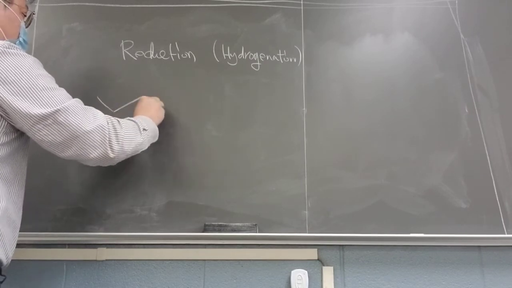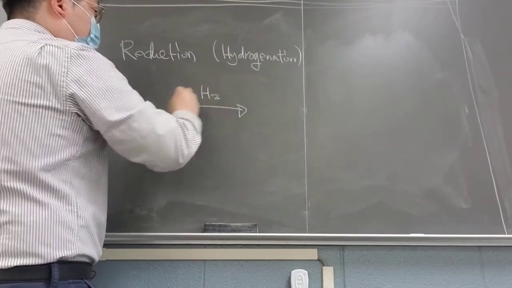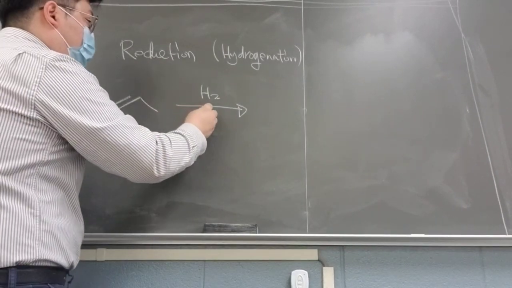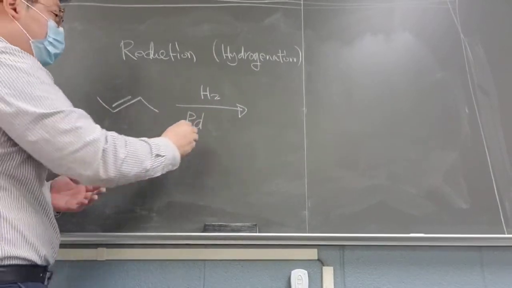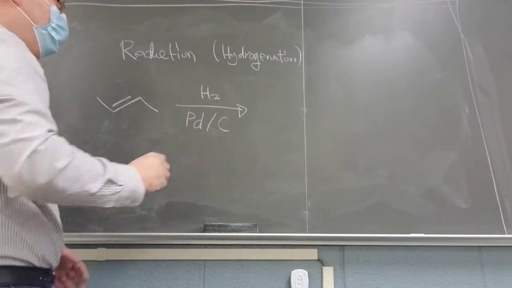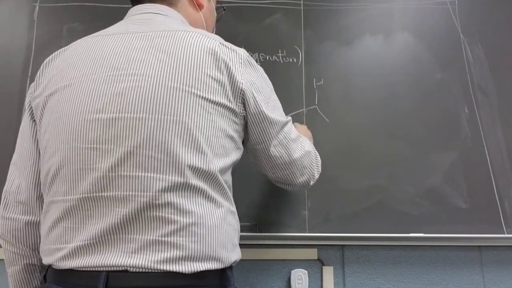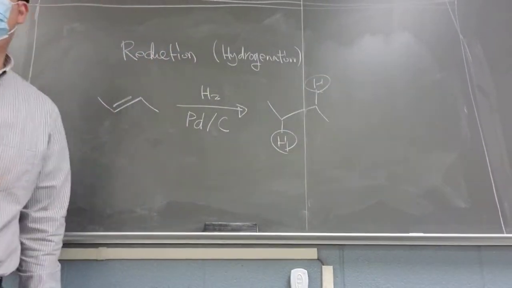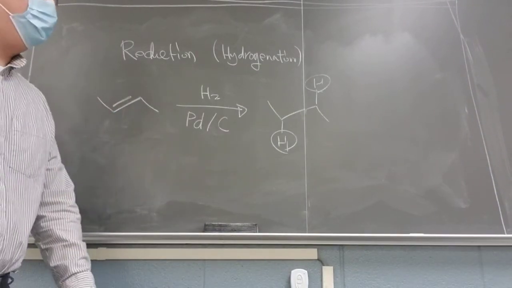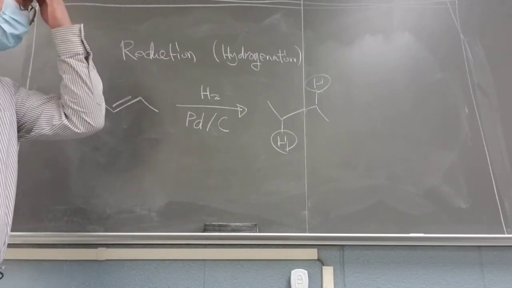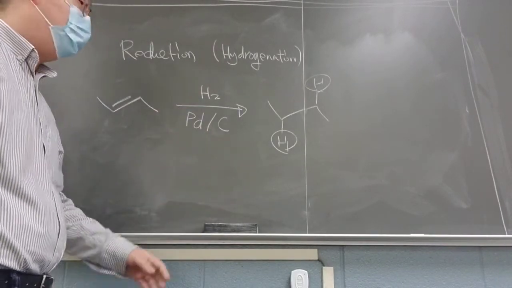If there is a double bond somewhere, you can treat it with H2, and you're going to have some help from a catalyst, palladium on charcoal. What it does is just make the hydrogenation, simply putting the hydrogen on where you have a double bond. That's the thing we can easily do for reduction: hydrogenation. Hydrogen molecules and palladium on charcoal.